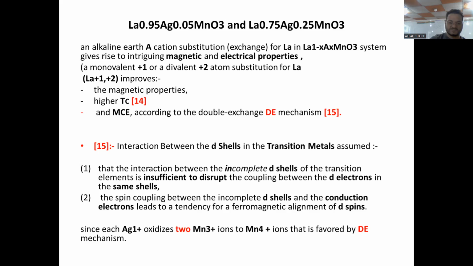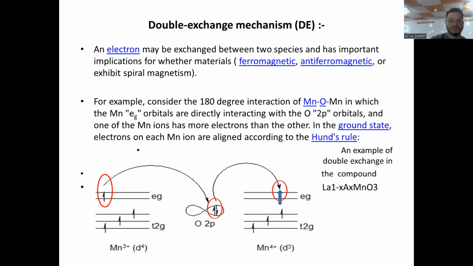It's the double exchange mechanism, specifically about how an electron can jump from one manganese to another to change the ion's charge, using the oxygen between them like a bridge. Let me explain this example by using this image.